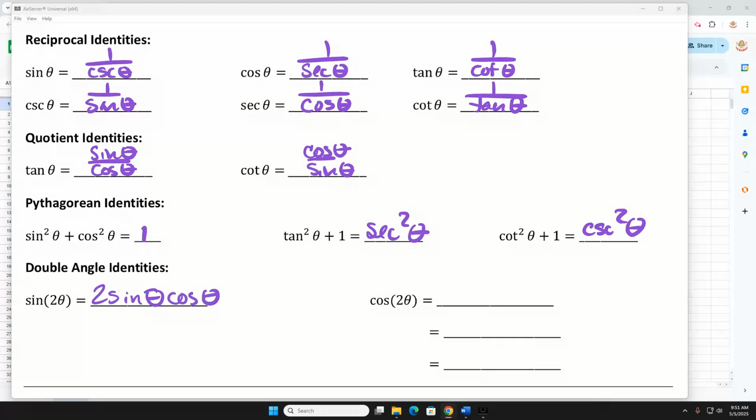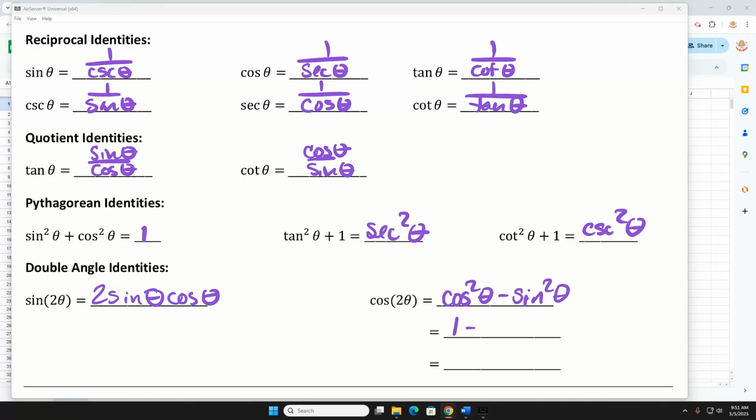Okay, so for the double angle for cosine, just a reminder, if it's a sine or a cosine you write, it is squared, okay? And so one of those has both sine and cosine squared, but they are subtracted, cosine minus sine squared. All of these double angle cosine have subtraction.